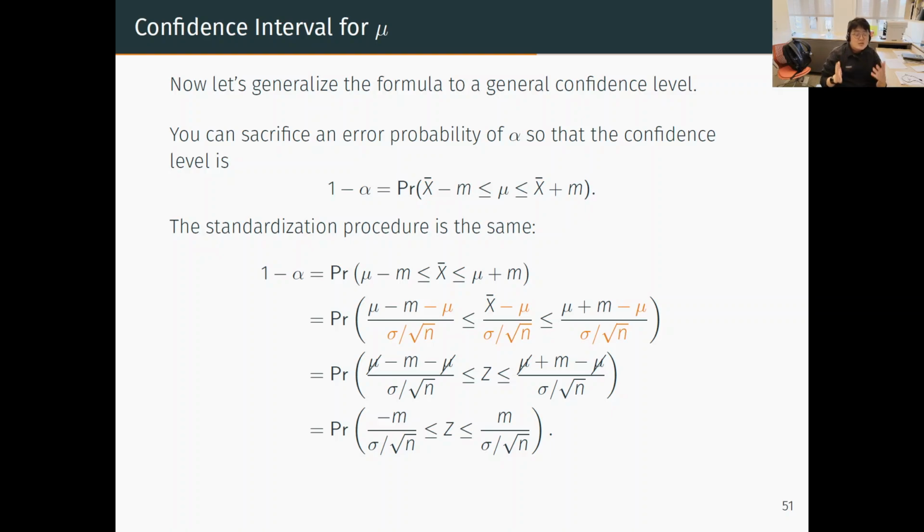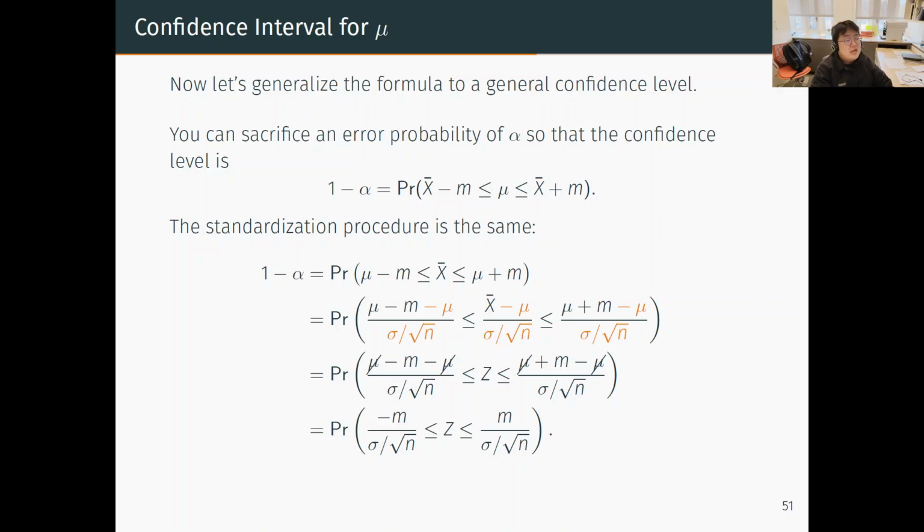Okay? So then, like previously, we used the 95% example. When you choose 95%, which is the most common choice, plus minus 1.96 contains 95% of the standard normal distribution. That is the key idea of how we find the margin of error.